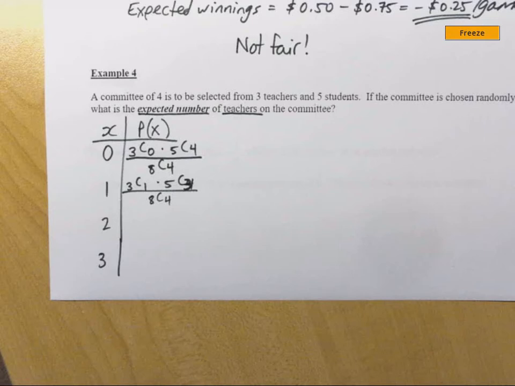We need to calculate those answers first. We need to know what those answers are before we can go ahead and say what the sum of x times P(x) is. So let's do that now. 8 choose 4 is 70.